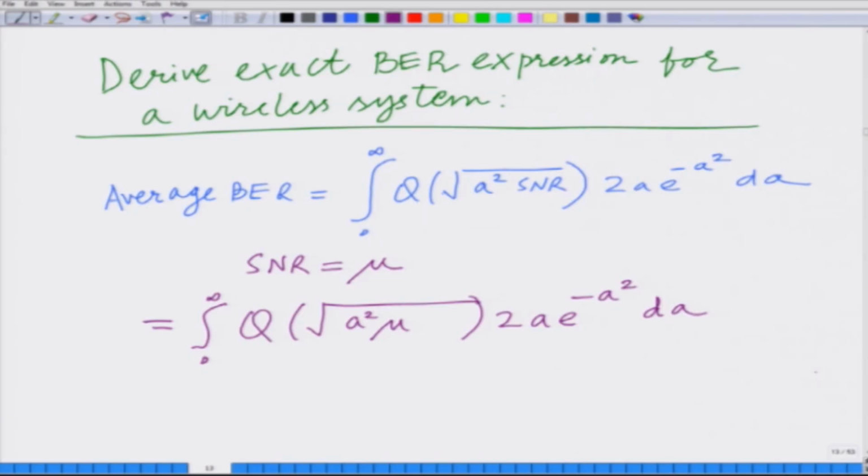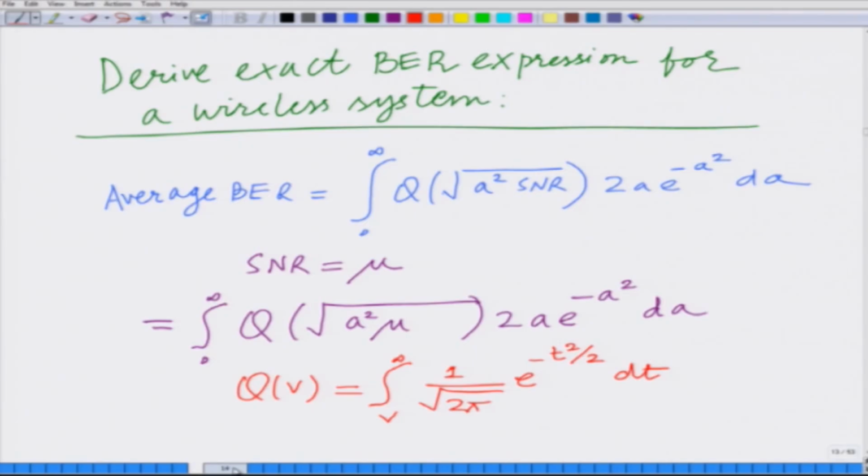And now, we know the expression for the Q function, Q of v equals the integral v to infinity 1 over square root of 2 pi e raised to minus t square by 2 dt.